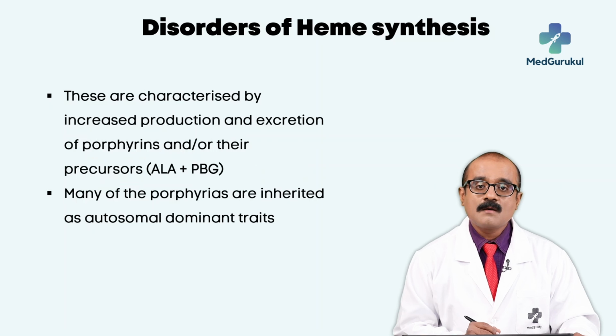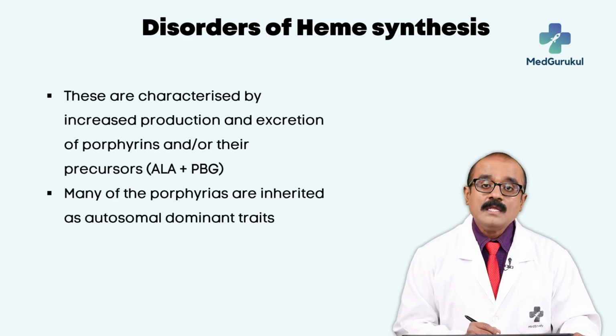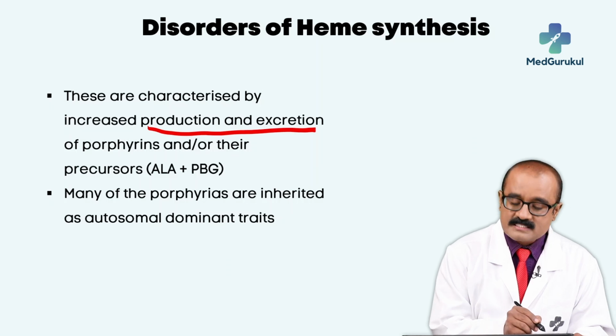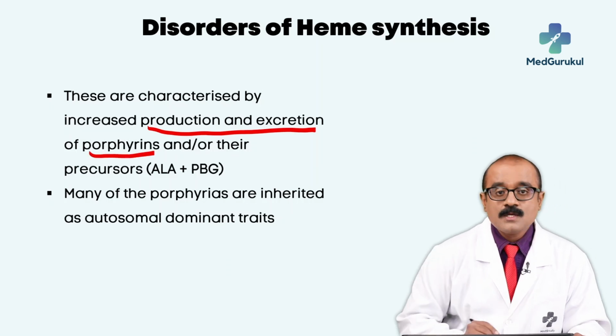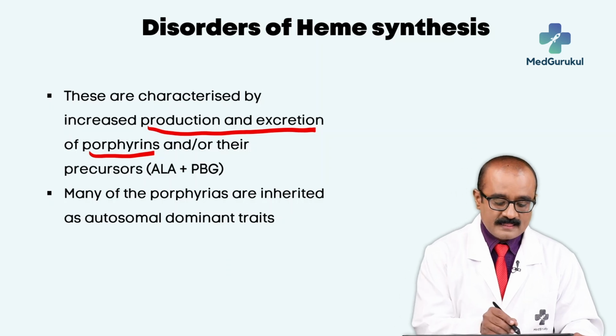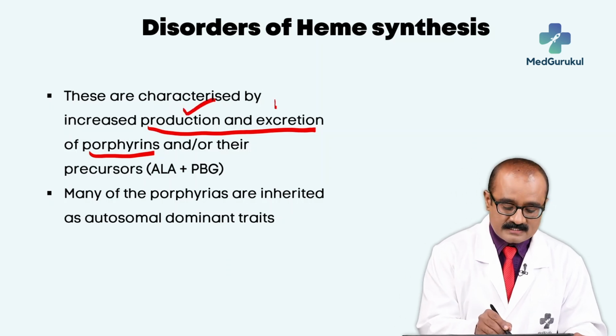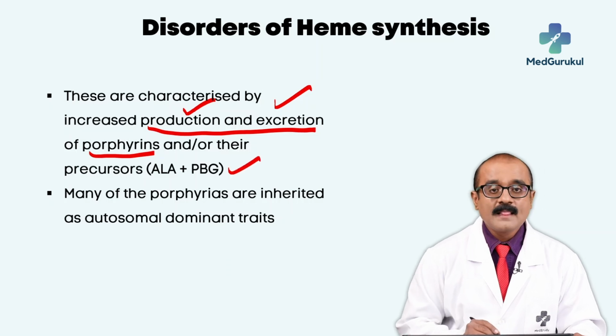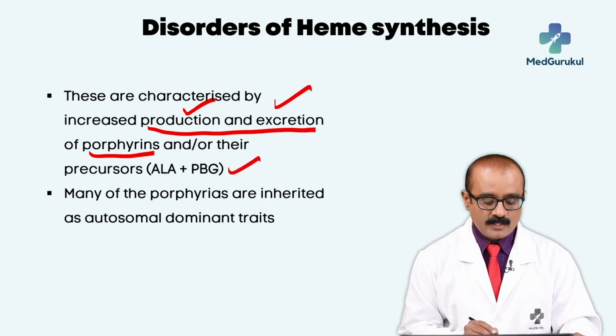That is why they are called porphyrias. They are characterized by increased production and excretion of porphyrinogens or porphyrins, and even the precursors like ALA or PBG can be excreted in urine.